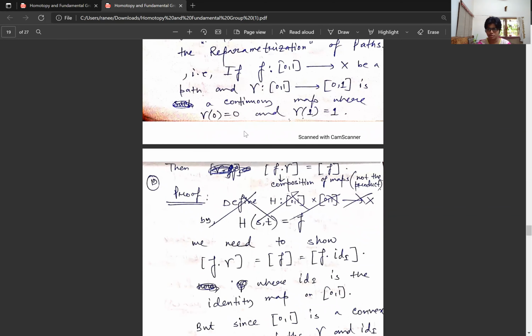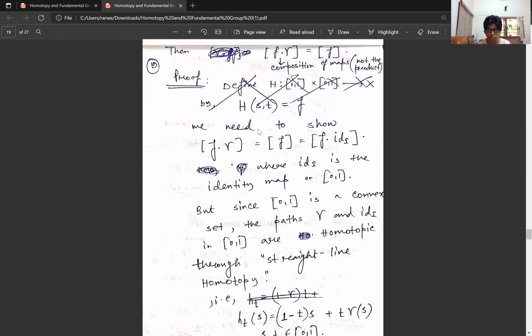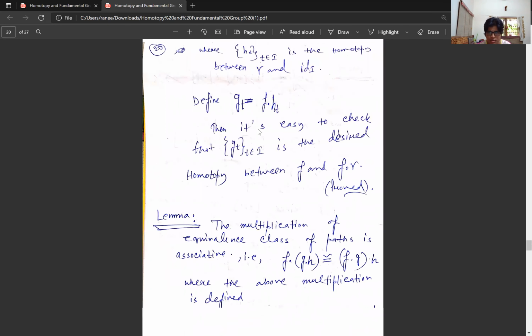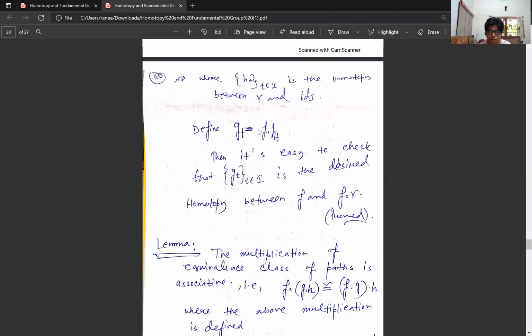That's what reparametrization does, nothing much more than that. So this was something we had done, that homotopy behaves well with reparametrization.